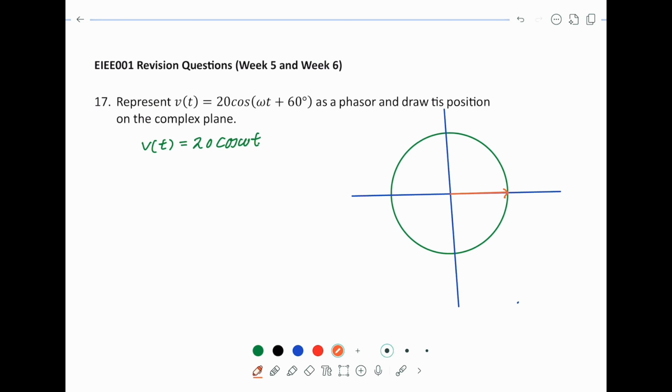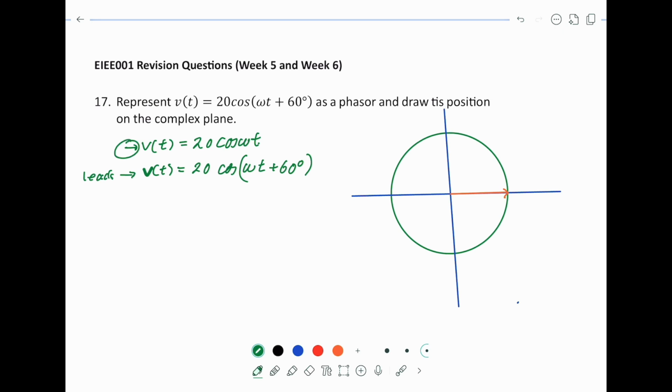Now if we have another function, 20 cosine omega t plus 60 degrees, in the time domain it is shifted to the left-hand side, so this second function leads the original function.